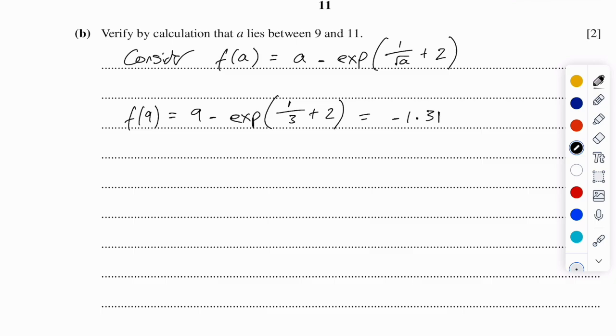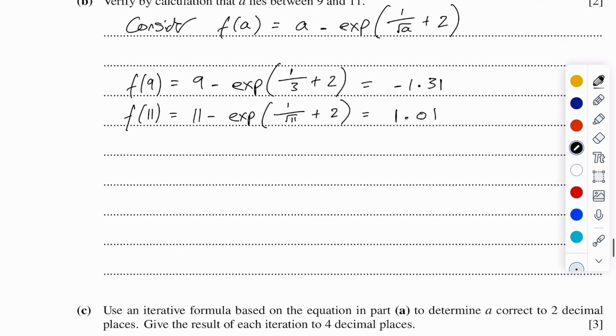If we do f of 11 now, we get 11 minus e to the 1 over root 11 plus 2, which equals 1.01.